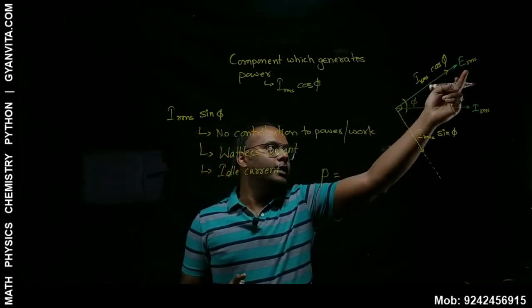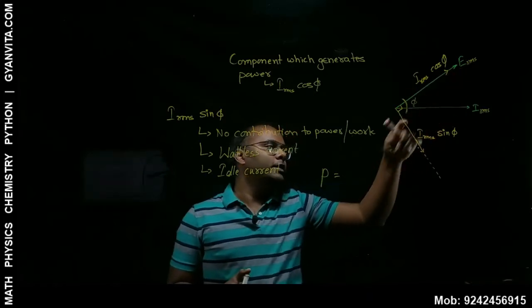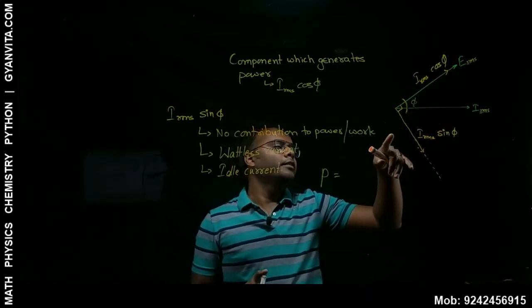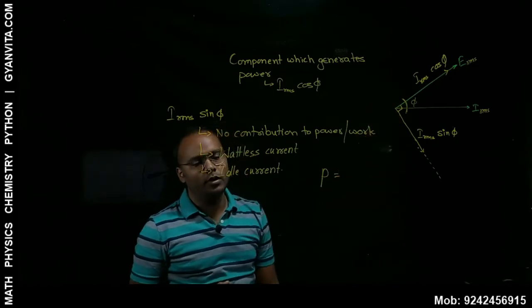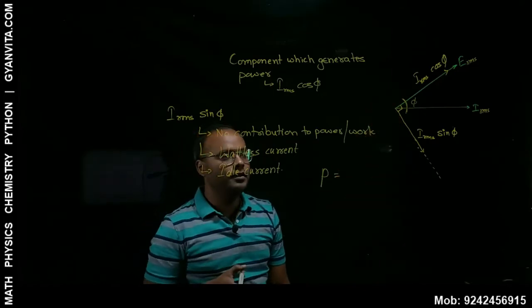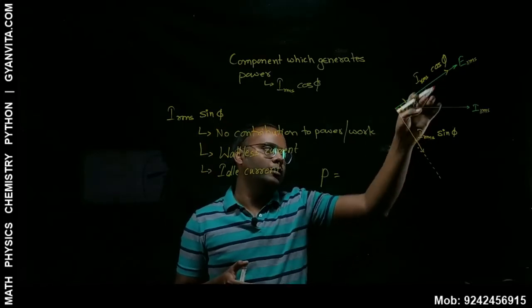This power is equal to E into, this is ERMS and this is IRMS sin phi, right? Obviously the angle between them is 90 degrees. Power is V dot I, so you take the dot product of these two vectors.